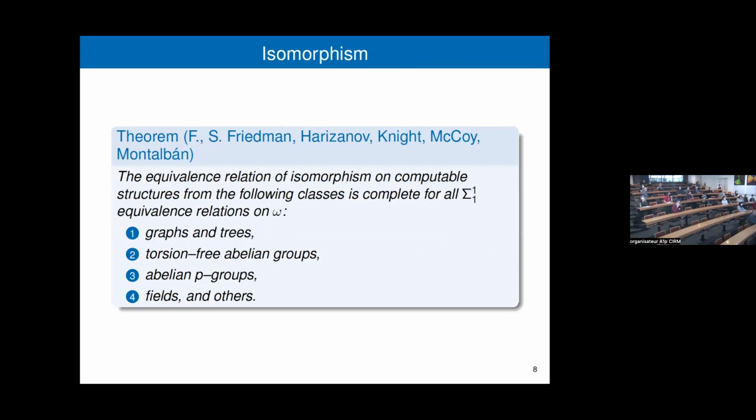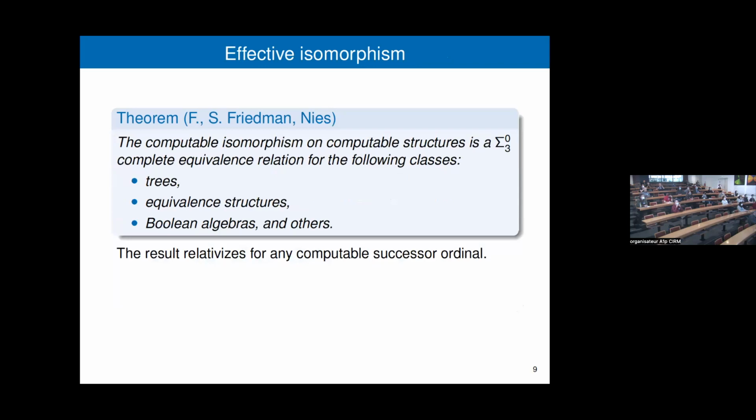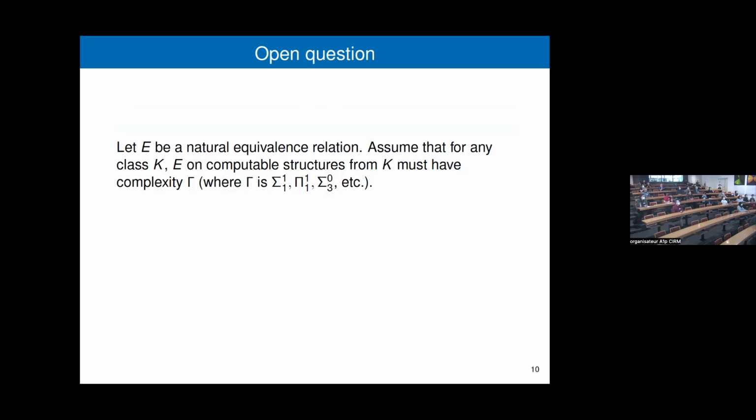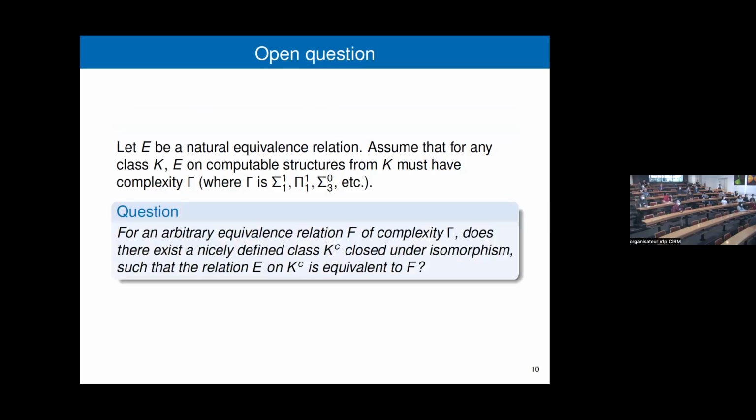The same we could ask also for other equivalence relations, by the way. We proved later that isomorphism is also sigma 1,1 complete, and we looked also at, for example, computable isomorphism, which is sigma 0,3 complete, and for hyperarithmetical isomorphism, it's bi-1,1 complete. So there are quite some results of this kind. For any of them, I would be interested in this kind of result.